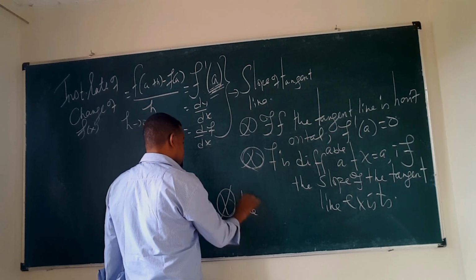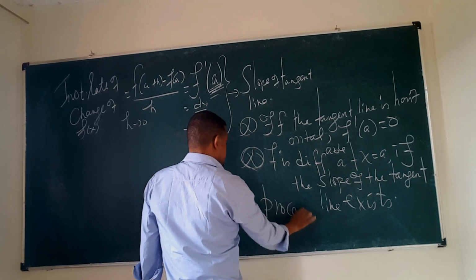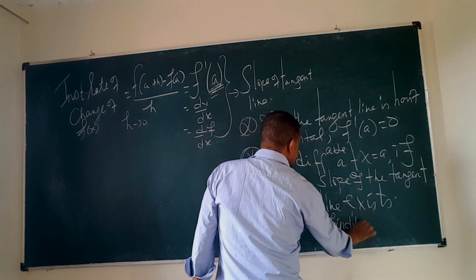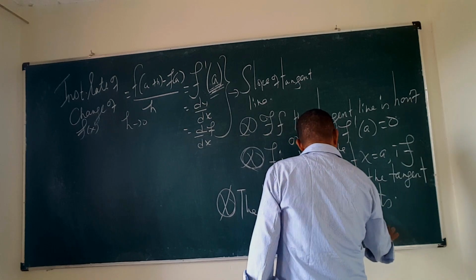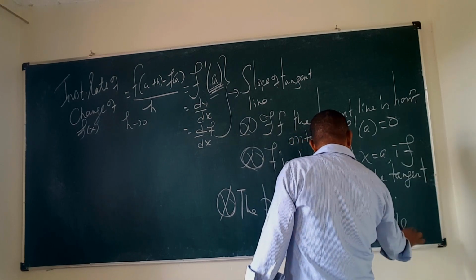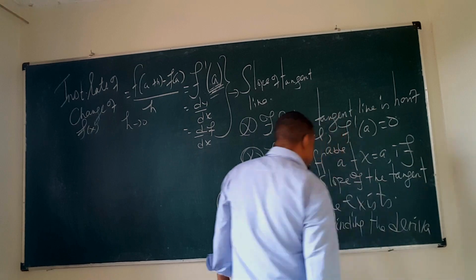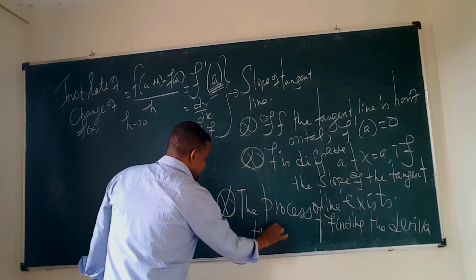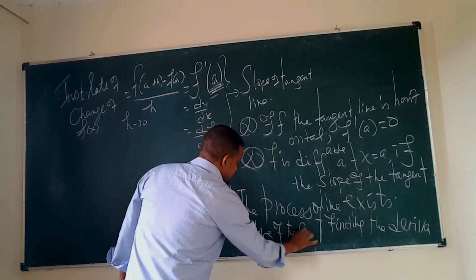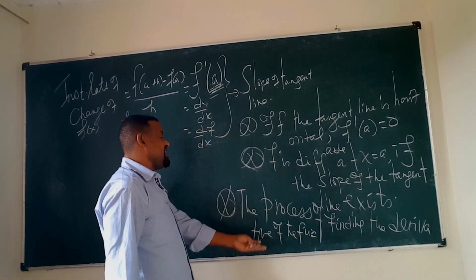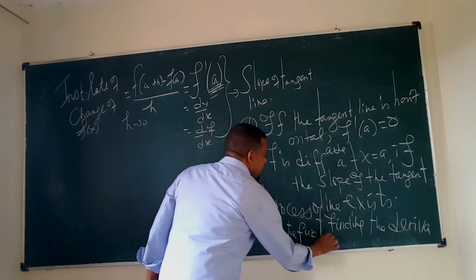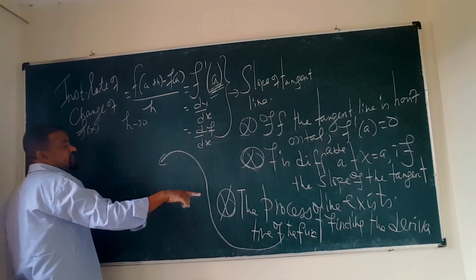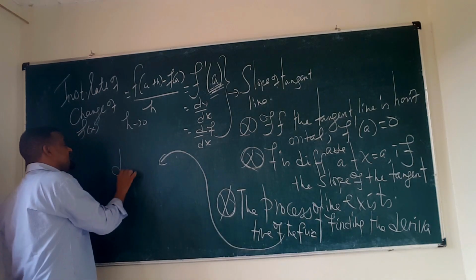The process of finding the derivative of the function, the given function. So the process of finding the derivative of this function is called what? Differentiation.